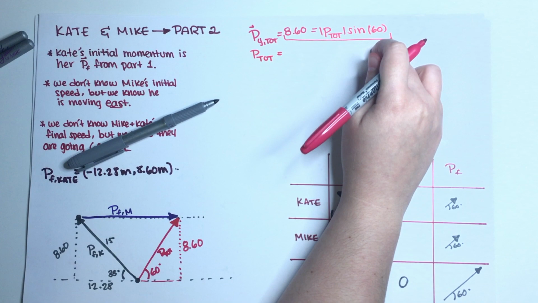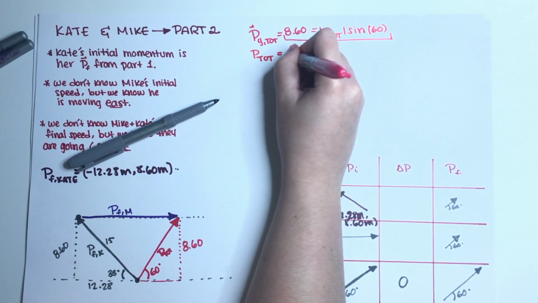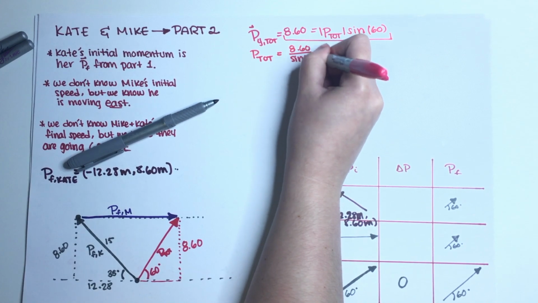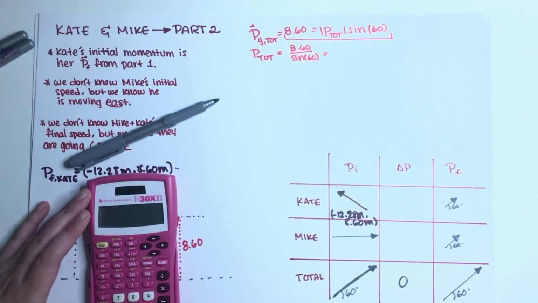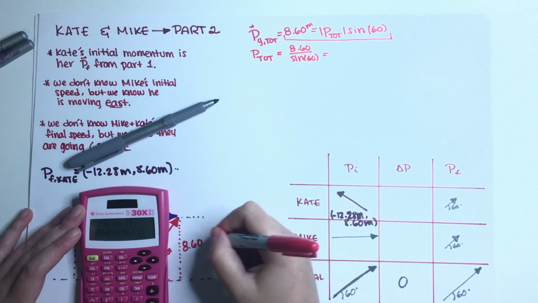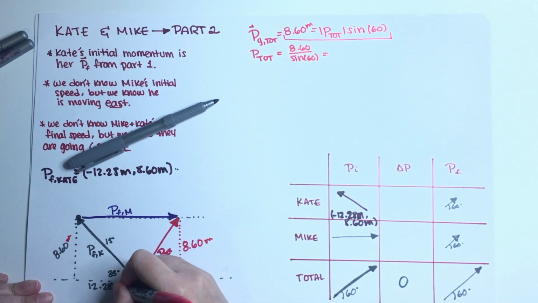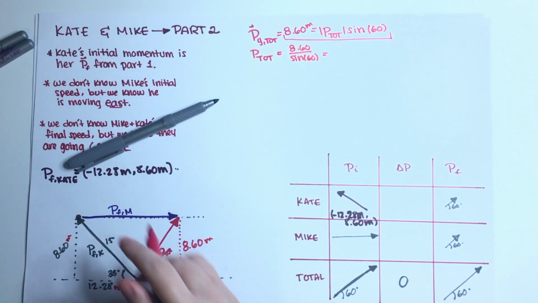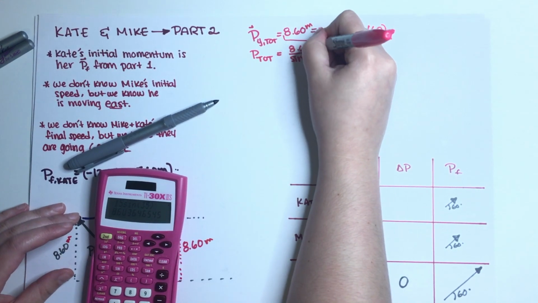So P total is just gonna be 8.60 divided by sine of 60. So let's just go ahead and do that. Oh, I'm also missing the m's all around, but we'll fix that. These are momentums. Yeah, that's annoying, but whatever.